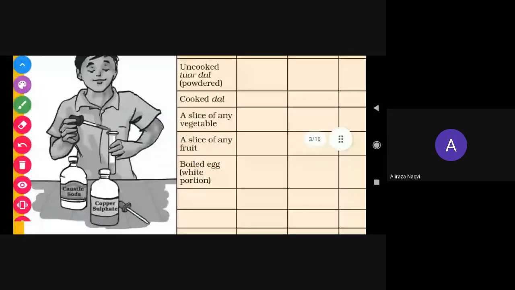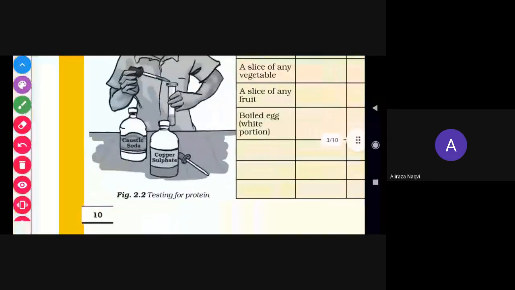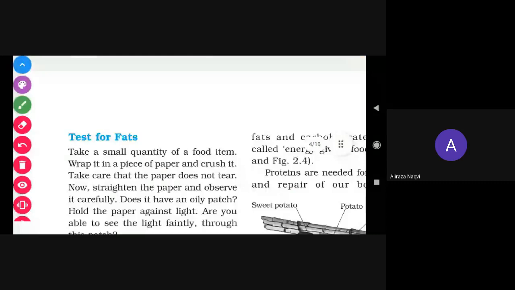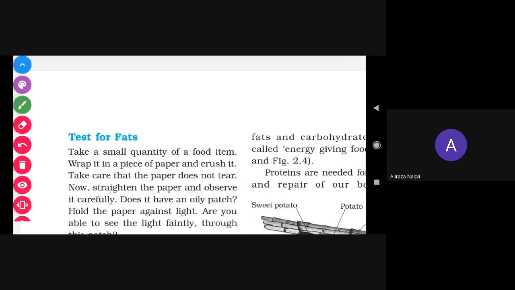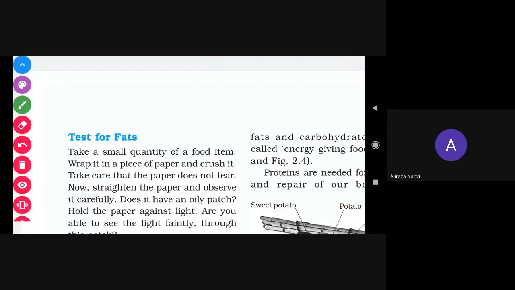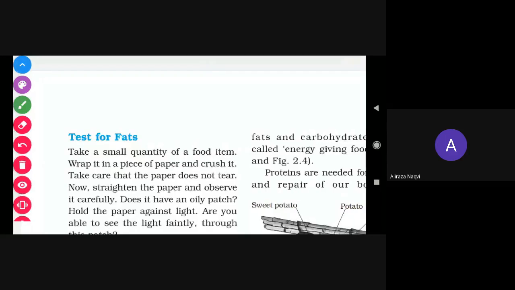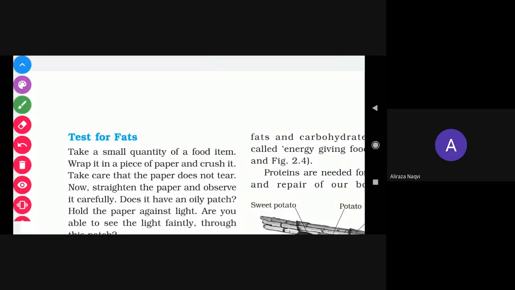Now the last test is the test for fats. I hope that you already understood test for proteins. Yes, Ahad, did you understand test for proteins? Yes, ma'am. Hassan, did you understand test for proteins?